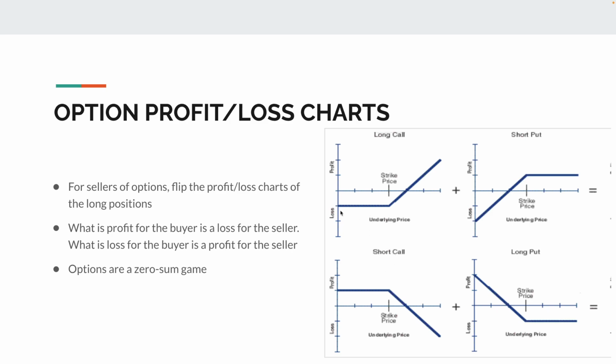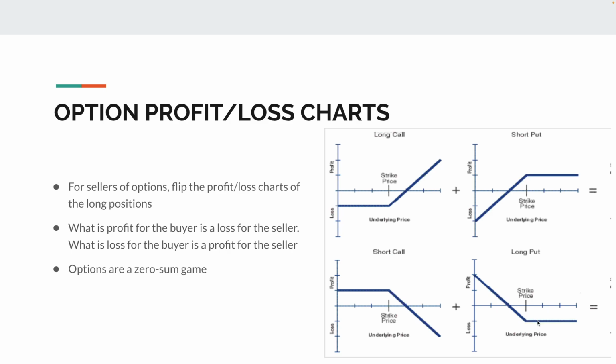So for you, the profit diagram will look like this, and for the person who sold it to you, their profit diagram will look like this. So if you make money, then they will lose money. If they make money, then you will lose money. Same thing for the puts.